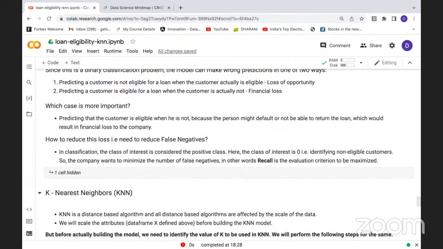Here you are predicting that a customer is eligible when he is not. It means he will not pay on time. He will eventually become a defaulter, which is a loss.